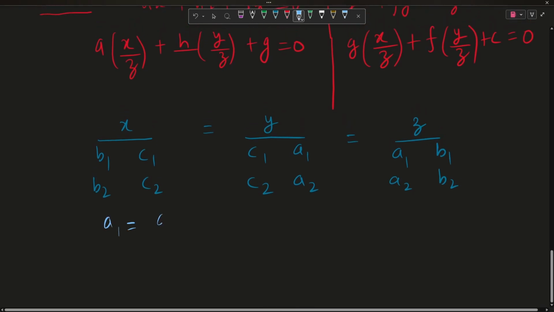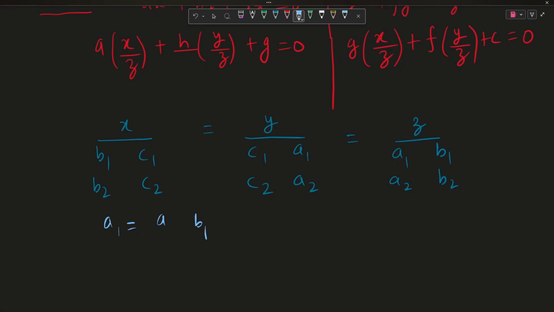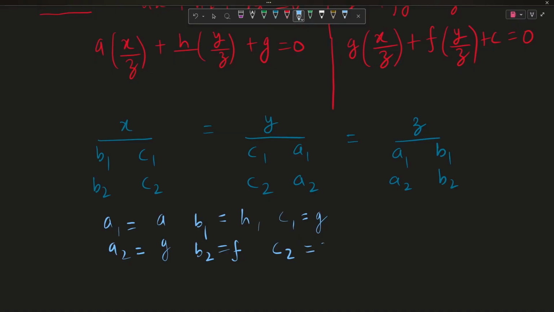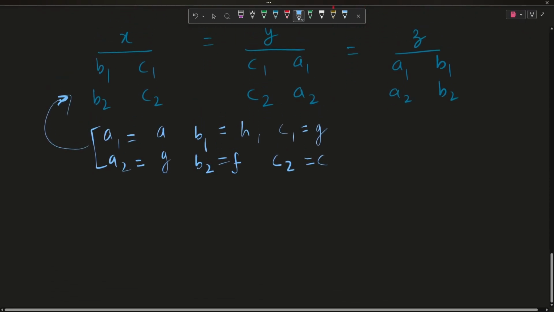So a1 comes as a, b1 comes as h, c1 as g, a2 is g, b2 is f, and c2 is c. Now we will substitute these set of values in the formula to get our equation, and then we'll continue with the solution.